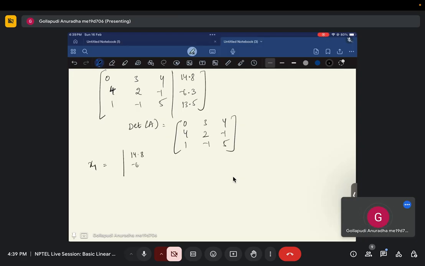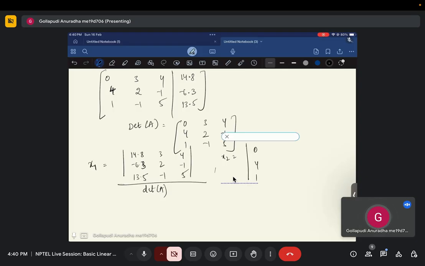replacing by the determinant of A, and x2 you will be getting as, you are just replacing this column by the coefficient matrix, I mean the augmented matrix.